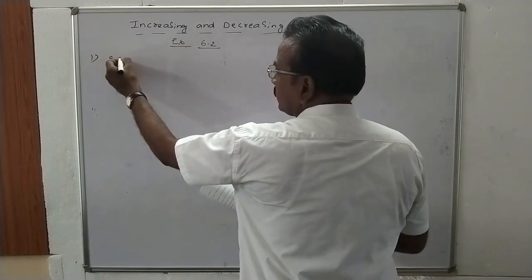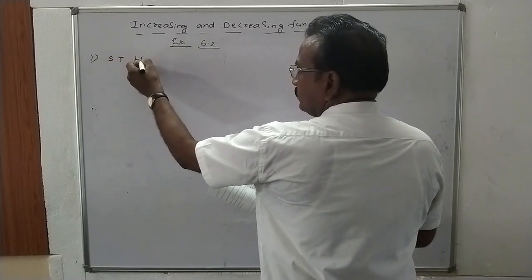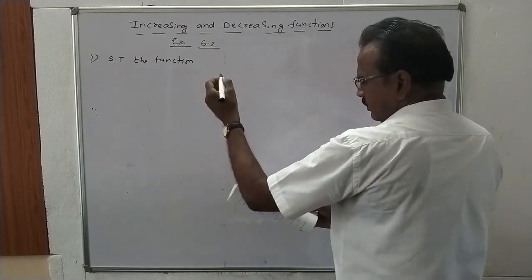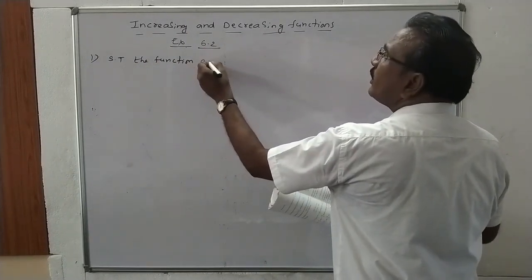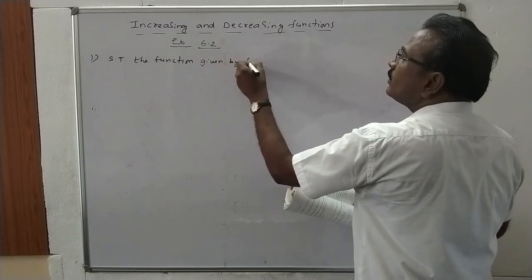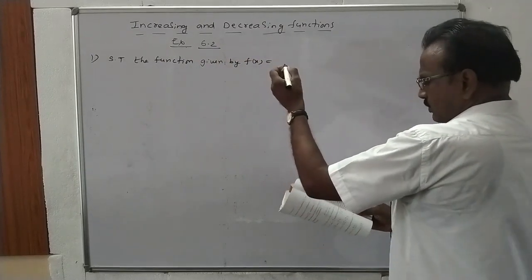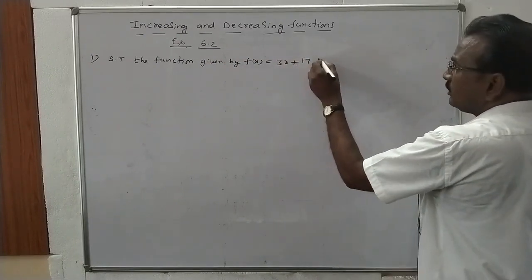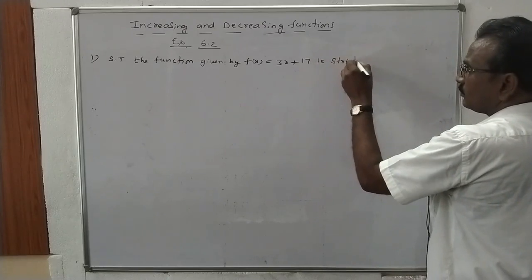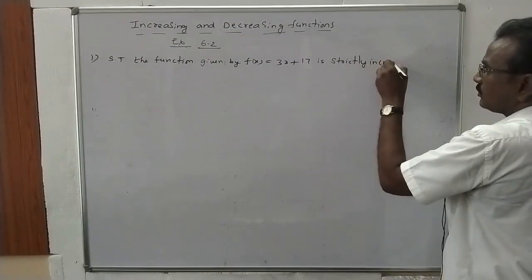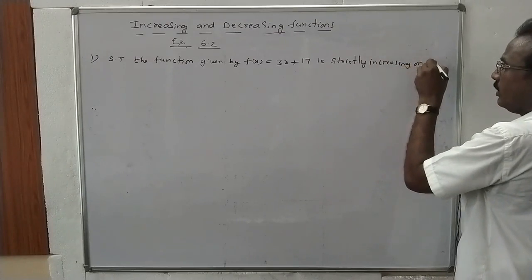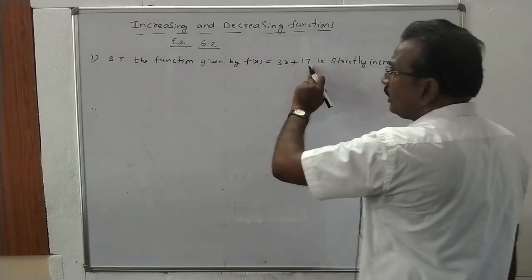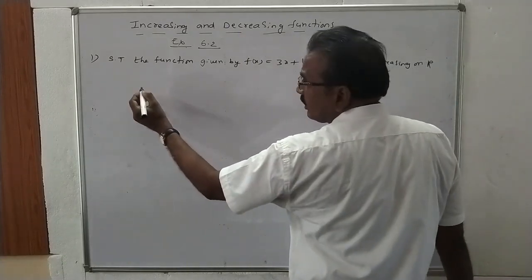Show that the function given by f of x is equal to 3x plus 17 is strictly increasing on real numbers.